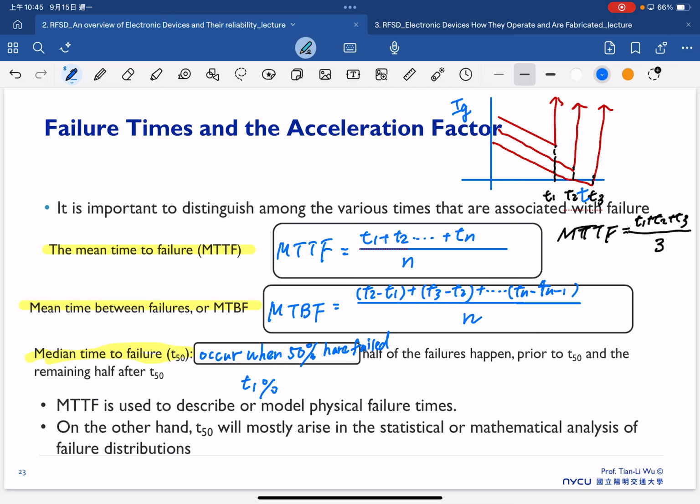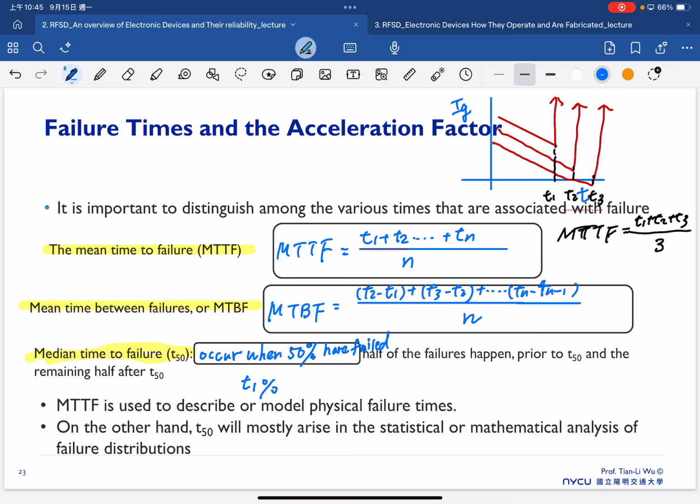That's exactly what we want. But sometimes T1% is still too high, and from the industry perspective sometimes we need T0.01%. That means if you test 10,000 or 100,000 products, the time to reach 0.01% failure is T0.01%.